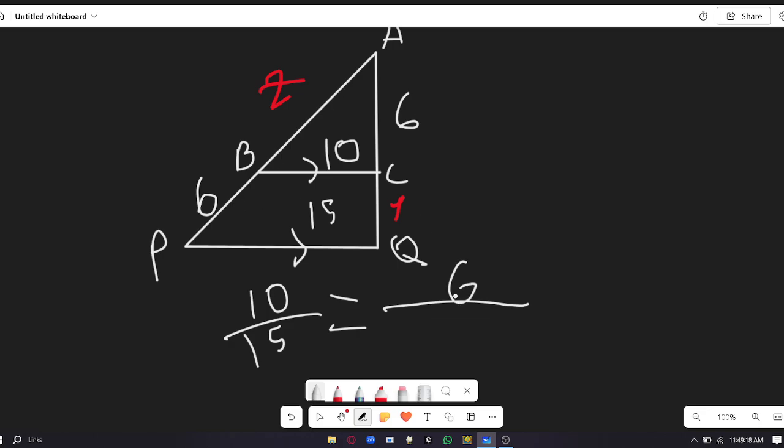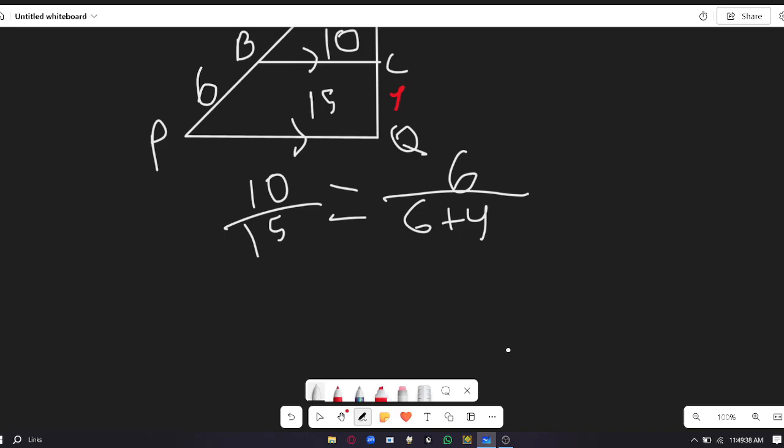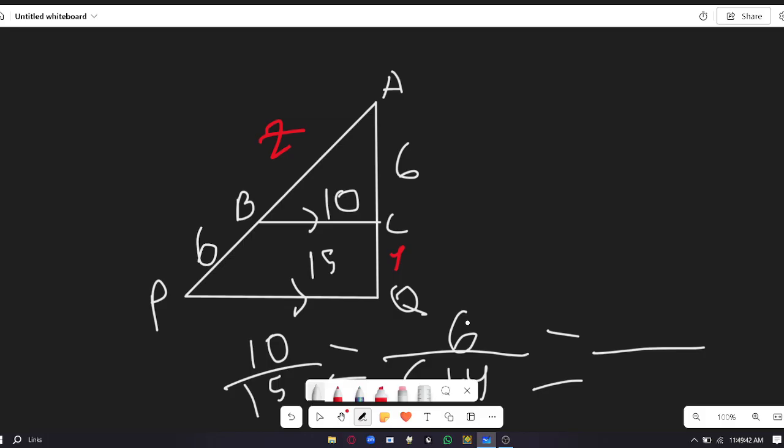Small by big. That's what I just did. This opposite side, this total opposite side. Okay, so we can find Y from here. This is equal to the small opposite side and big opposite side.